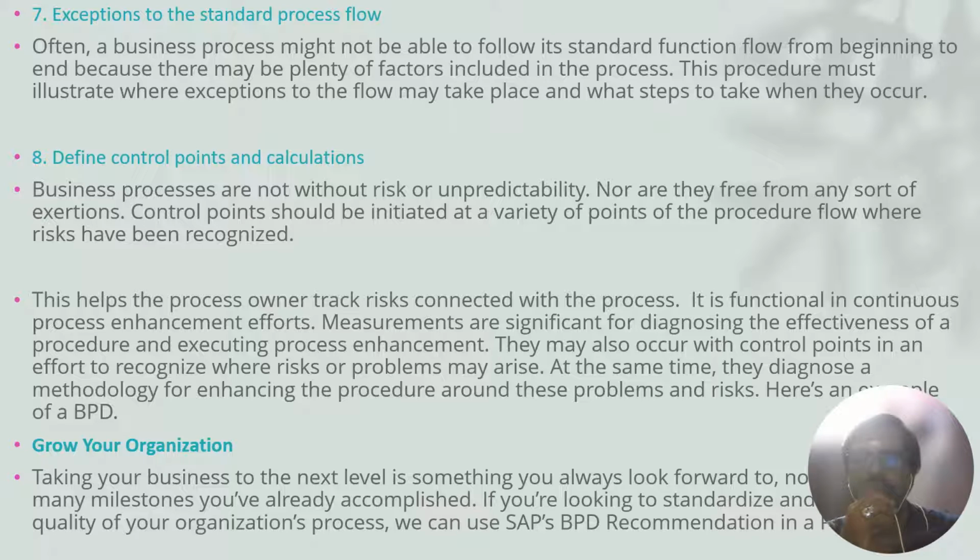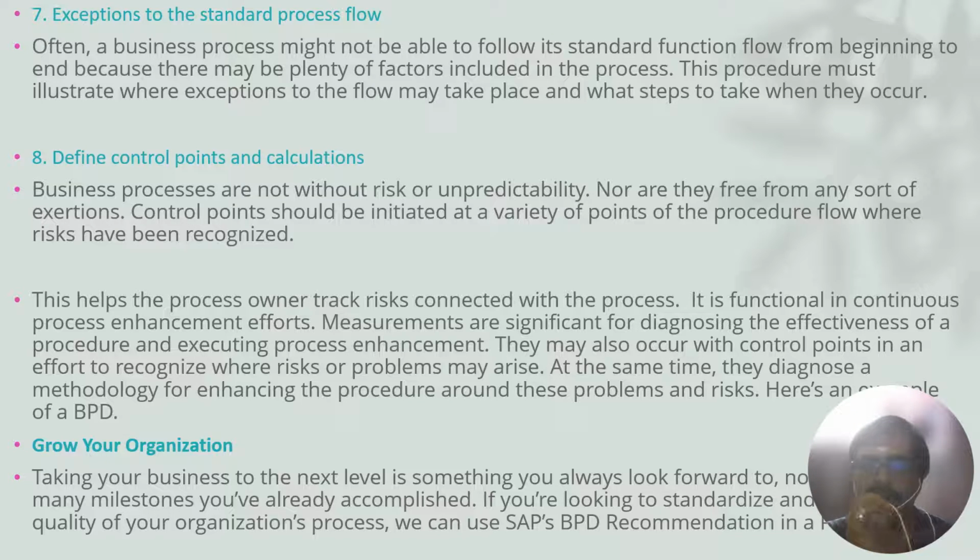So we need to work on how to control and calculate the risk and how to mitigate it. That is one aspect of BPD documents, right? That will help you understand when a particular process risk or unpredictability happens, so how to avoid those things in future. All these things you can work out, right?